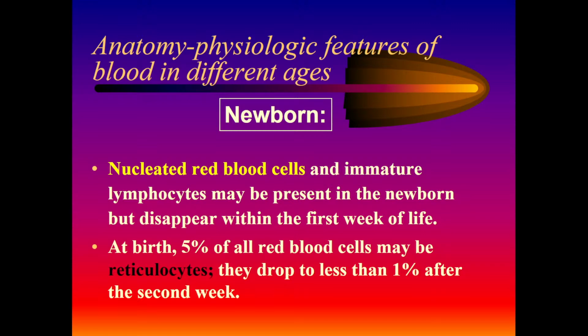They drop to less than 1% after the second week. In another age, 5% of reticulocytes is not normal, not just only at birth, and few may be present in the first 2 weeks of life.